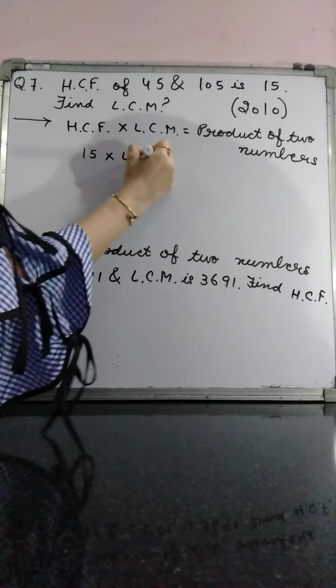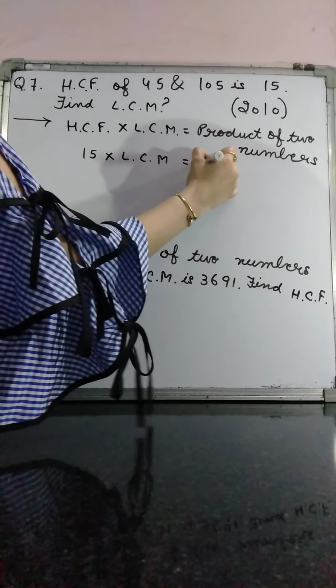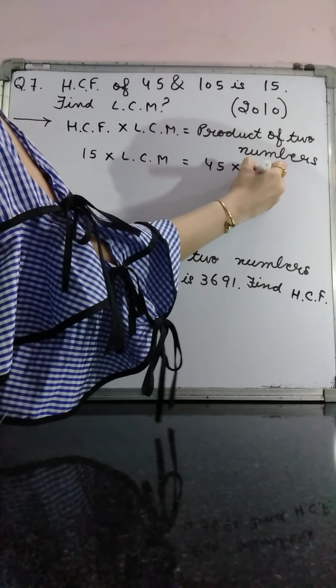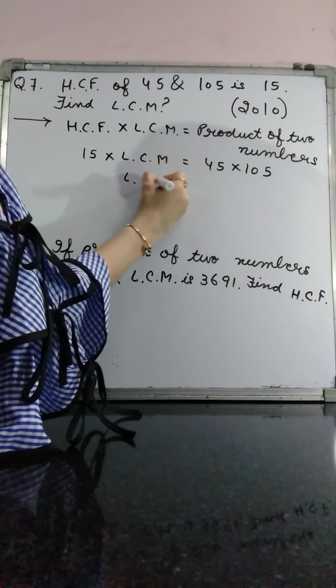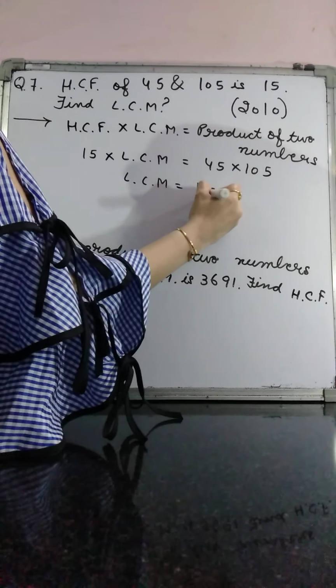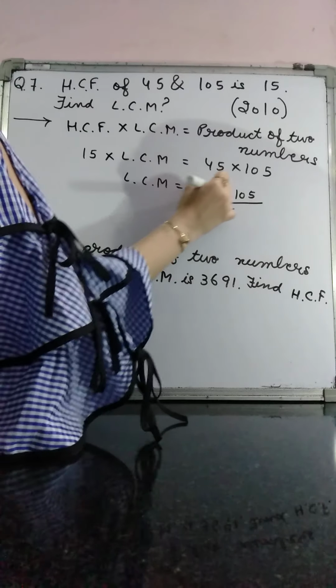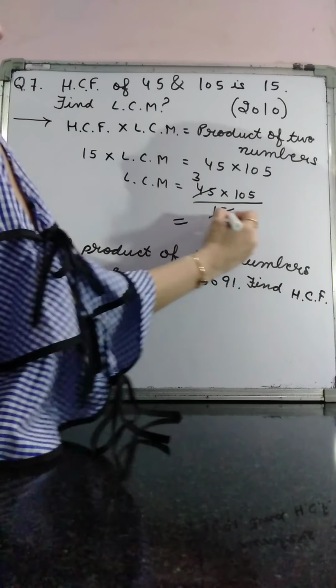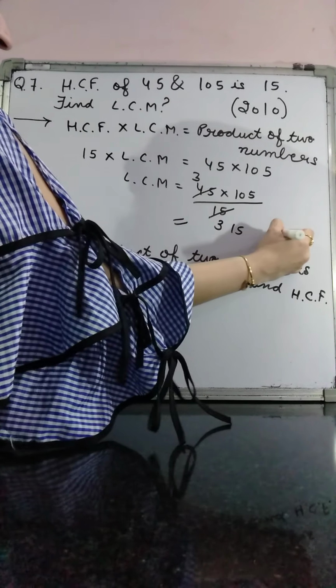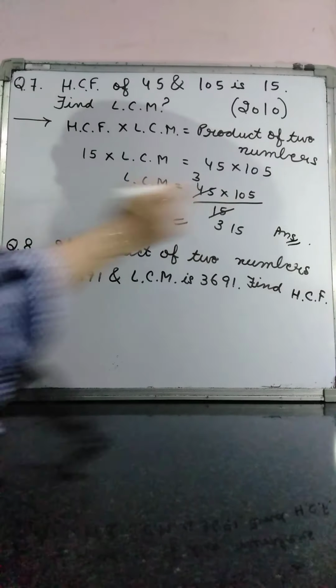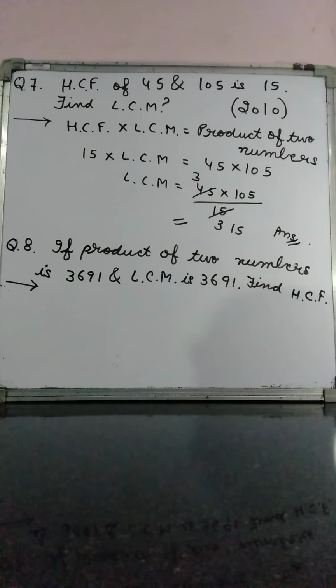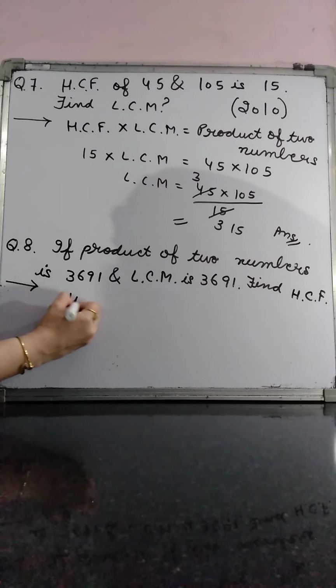We need to find LCM, and the two numbers are 45 and 105. Bring 15 in the denominator. 15 cancel out 3. This is the LCM.